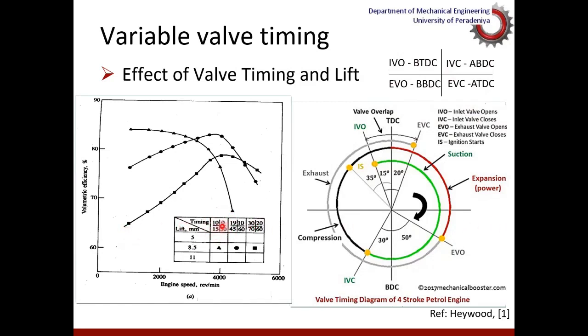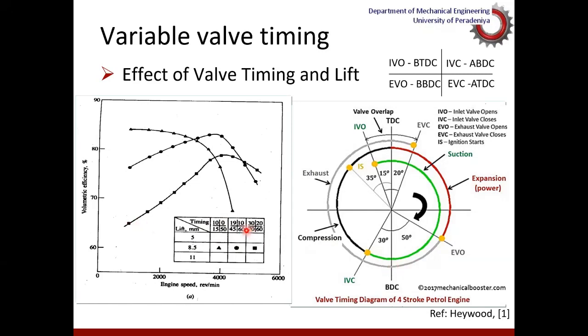If you concentrate on inlet valve open and inlet valve close timing for the moment, you can see over here, the inlet valve is closed at the bottom dead center. This angle is 0, which means there's no duration after the bottom dead center. Therefore, the valve is closed at the bottom dead center.